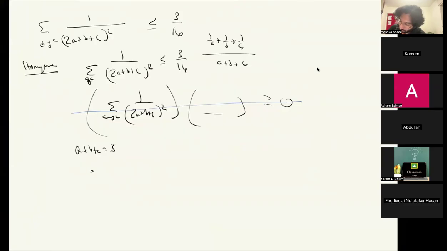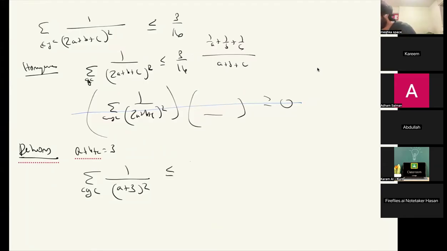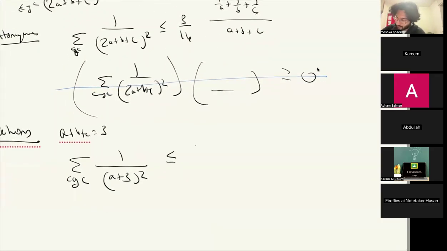Now we want to say cyclic sum of 1 over (a plus 3) squared is less than or equal to 3 over 16 times the cyclic sum of 1 over a.